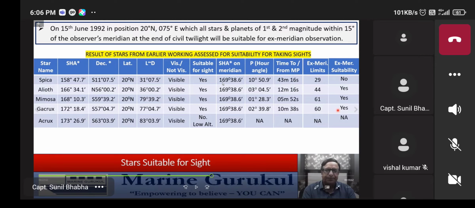You can see it in the index. Go to the page number. Let me know once you are there. Other people also, if they have the tables accessible, they can follow me. Page is 432, sir. Very good. Page number 432. Please go there beta.